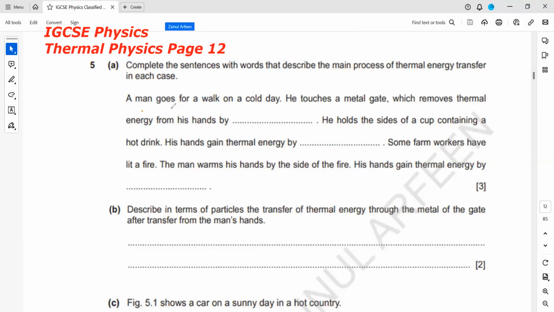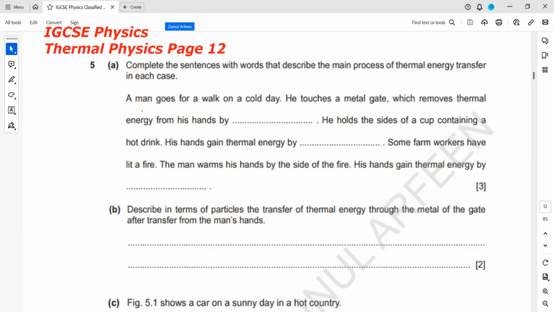A man goes for a walk on a cold day. He touches a metal gate, which removes the thermal energy from his hand by... like if you touch anything, how will the energy transfer from your body to that object or that object to your body? How will the energy transfer?